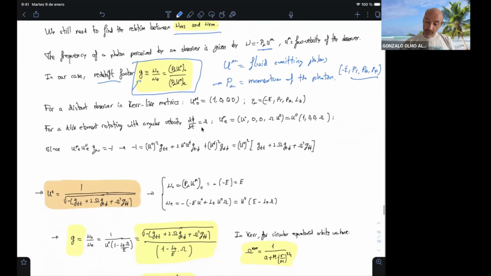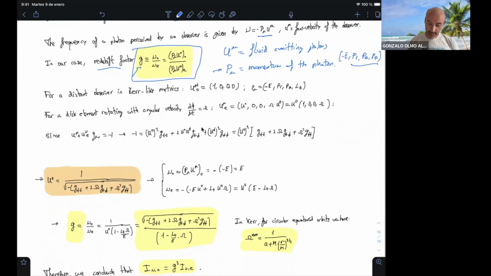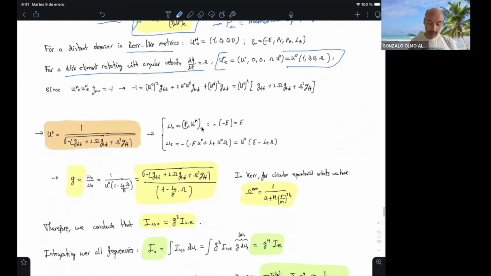And if we model, for instance, a Kerr metric, and we assume a disk element rotating with some angular velocity, then the fluid will have this velocity vector, and we can compute the redshift factor explicitly in this manner.